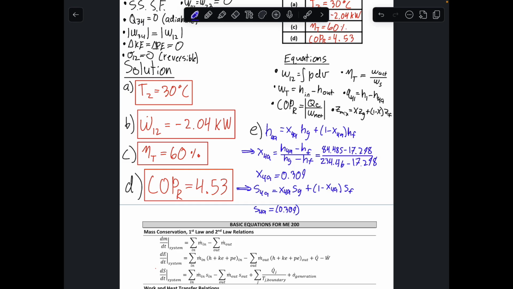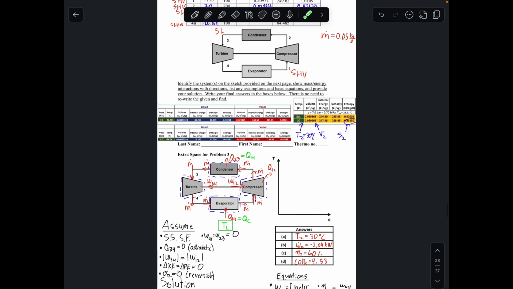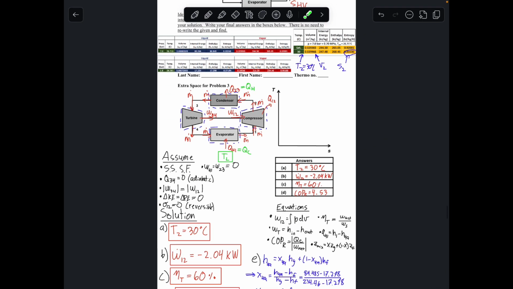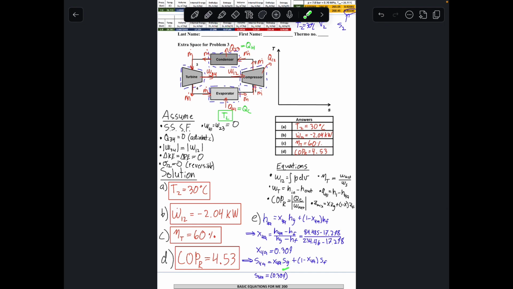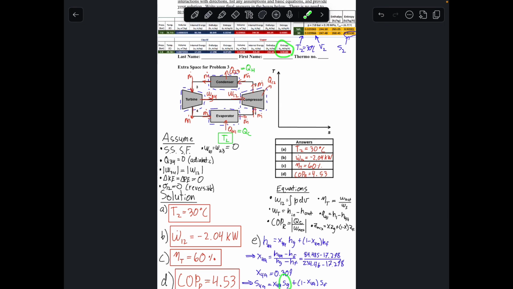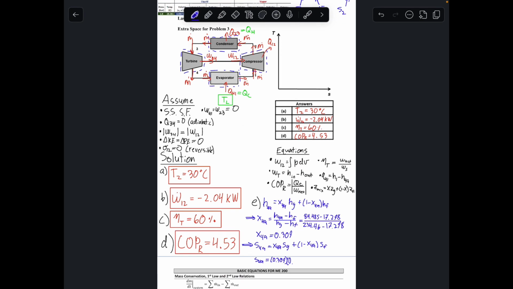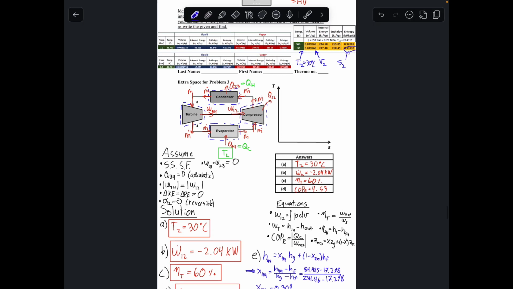I'm not going to write the units just because I'm running out of space, but these values from the table would have units of, here is SF, kilojoules per kilogram Kelvin. So anyways, we're using SG first, which is 0.95188. That will be 0.95188 plus 1 minus 0.309 times SF, which is right here, 0.07195.